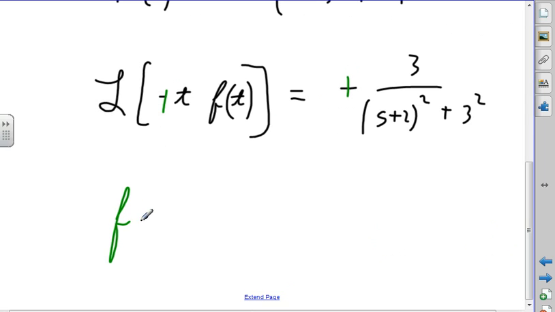And I'm going to have f of t equals, and where is my Laplace transform? That is number 9 on the Laplace transform table. So it's going to be e to the minus 2t sine 3t divided by t.